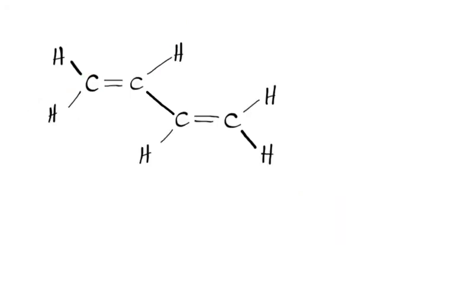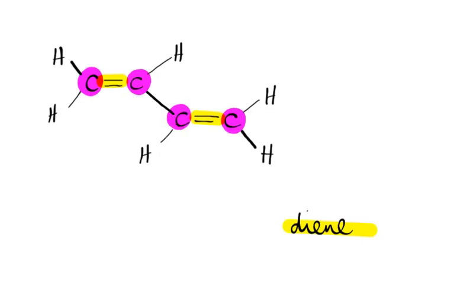You will come across compounds which have more than one carbon-carbon double bond, so a diene with 2 or a triene with 3. In this case we have 2 double bonds, which makes this a diene. The same principles apply, so we're looking for the longest carbon chain involving those, so we have a chain of 4.